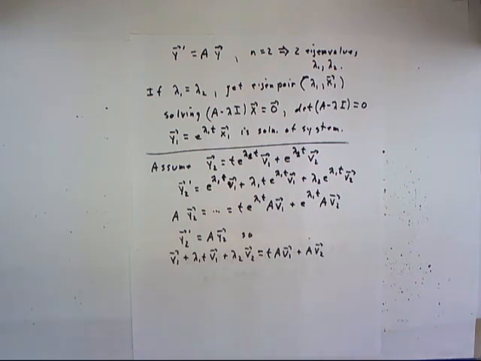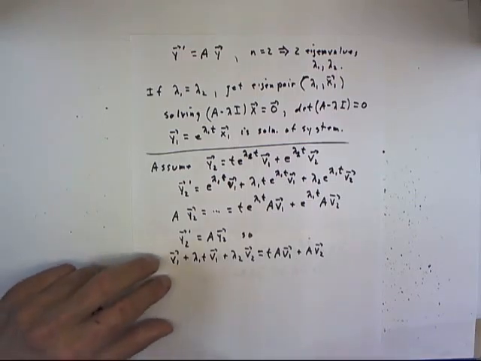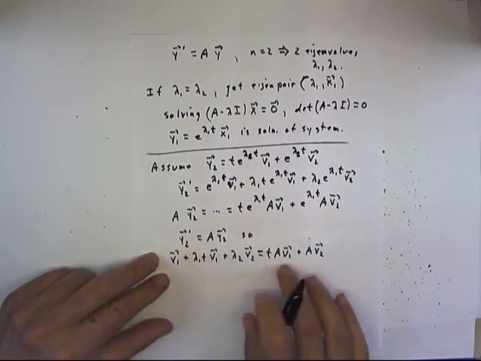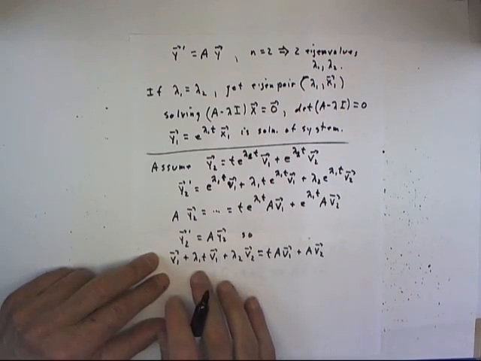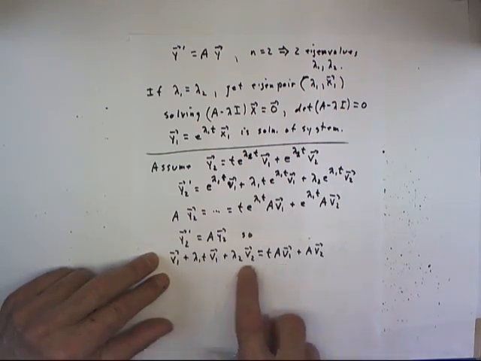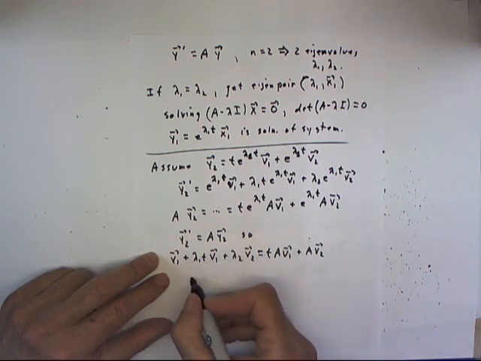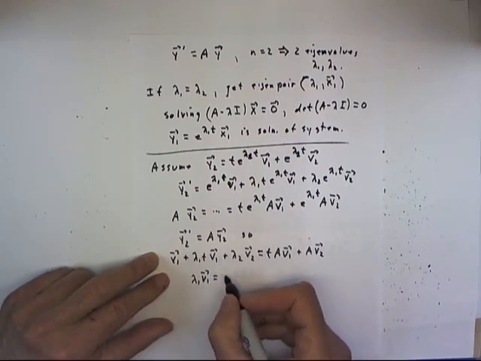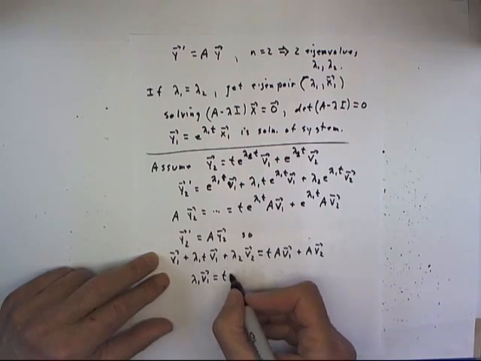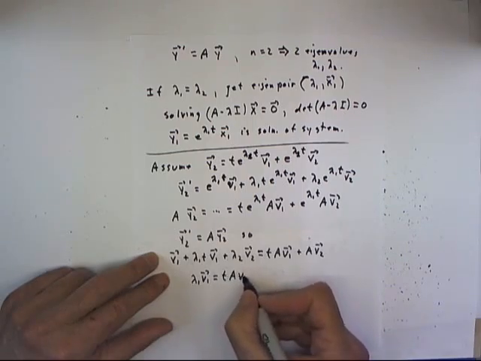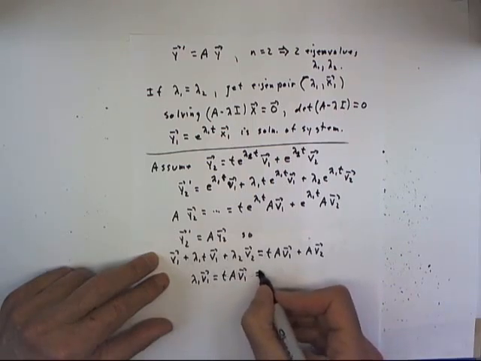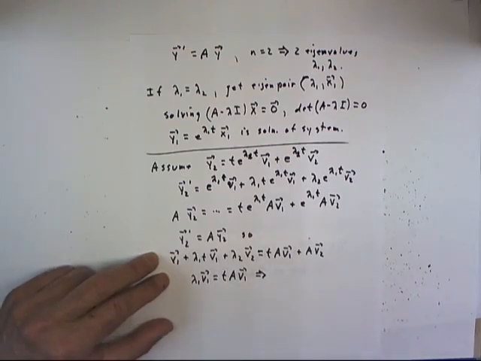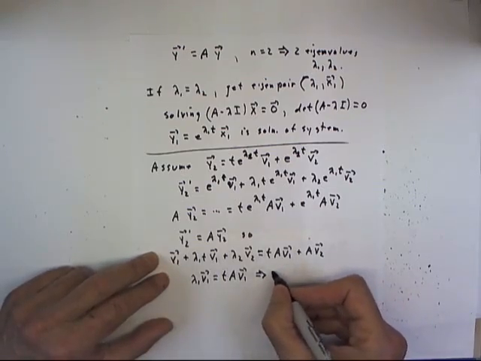As we did with the specific example before, we note that the coefficients of t on both sides have to be equal, so that lambda 1 t v1 has to equal t A v1.